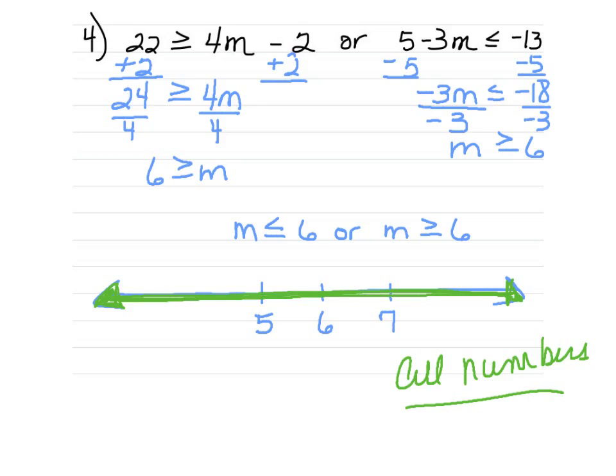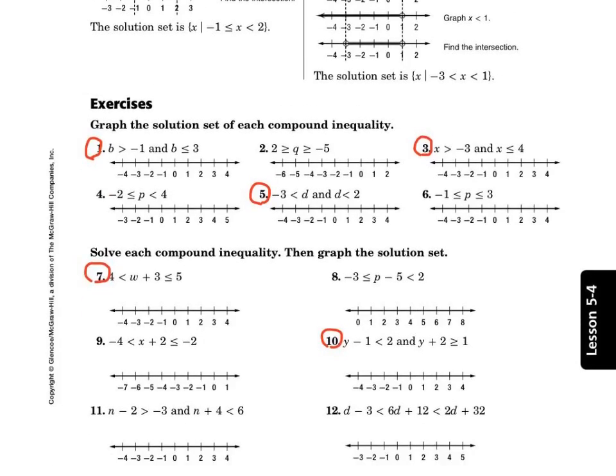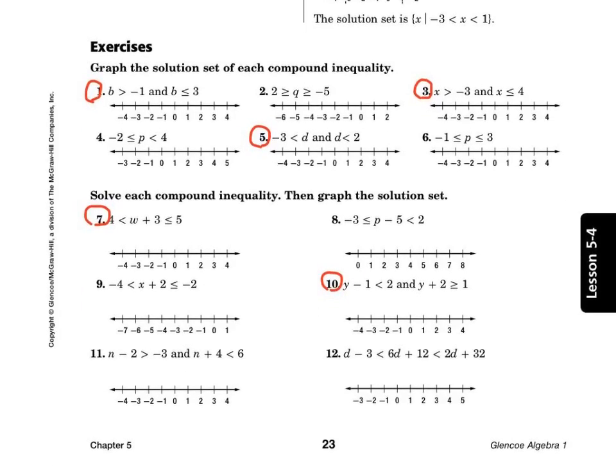Okay. Let's do some graphing and practice problems. For graphing, number 1, number 3, and number 5, these are all and type compound inequalities, intersections.